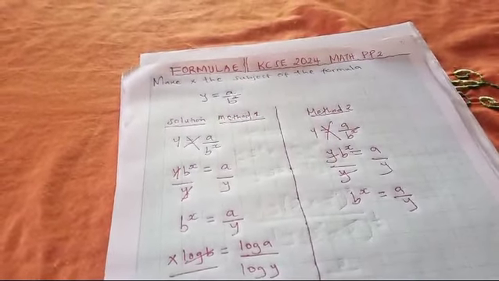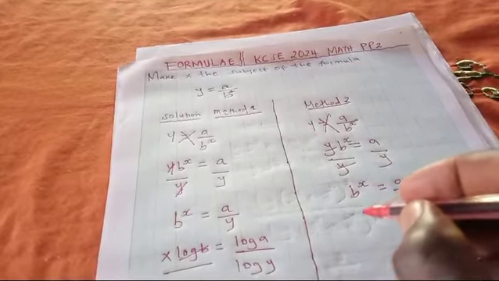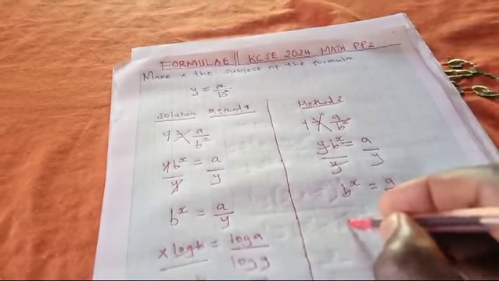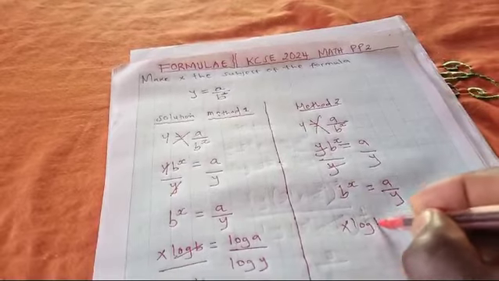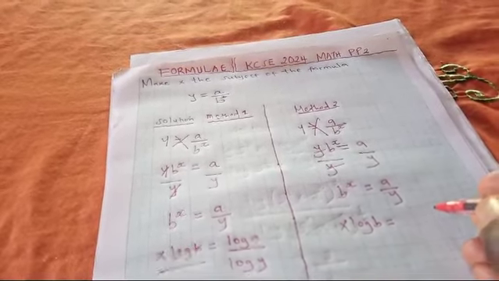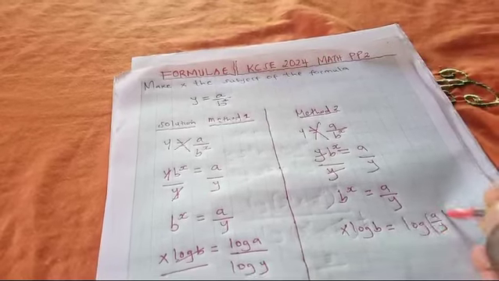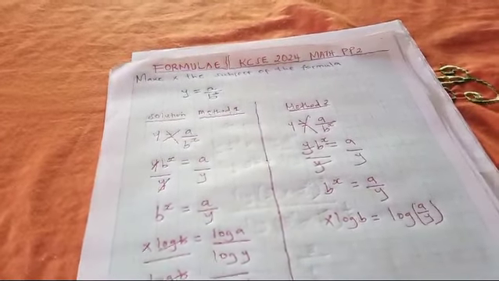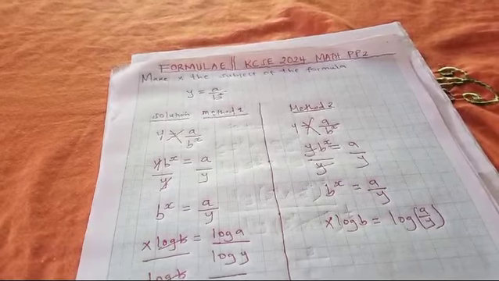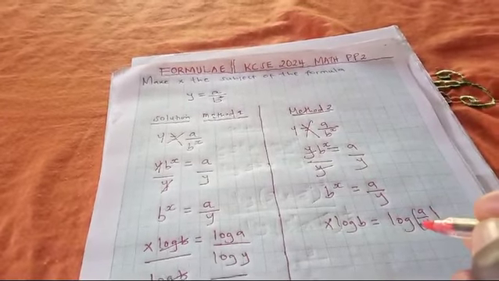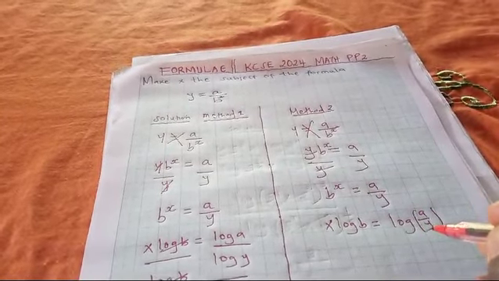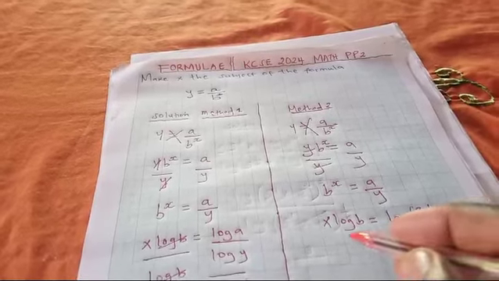Now up to that point, we go ahead and introduce the concept of log. So we say x, the log of b, is equal to the log of a over y. Now, we divide both sides by log of b.